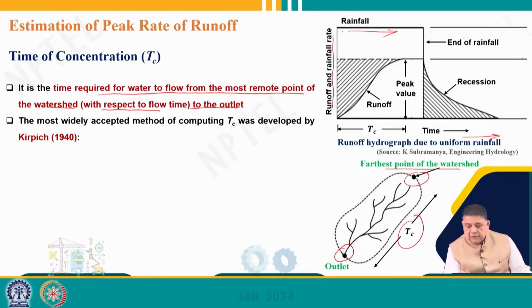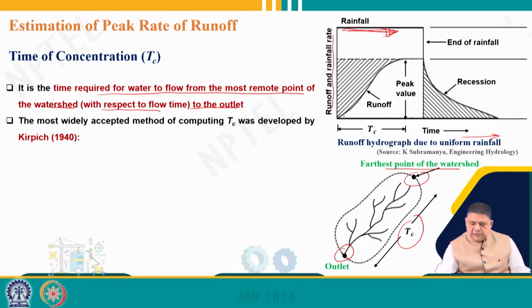If rainfall is occurring at a constant intensity over a period of time, then obviously, as we know, it will satisfy the various kinds of abstractions, including the major abstraction, infiltration, and then of course the runoff or overland flow will start taking place and runoff will be generated.